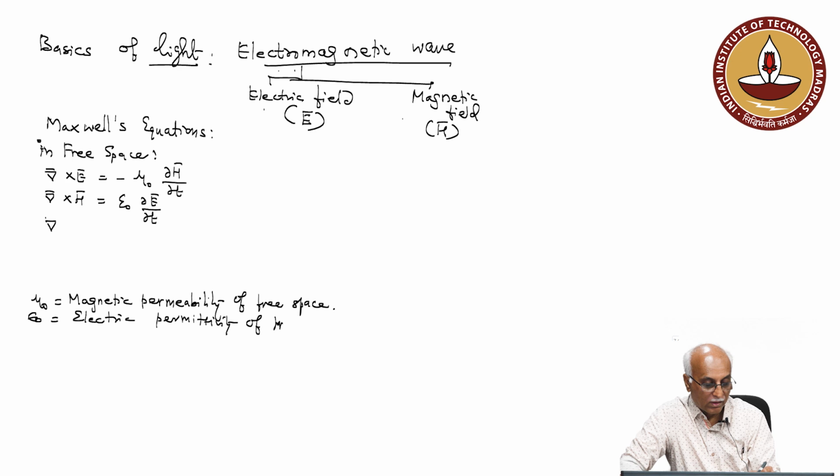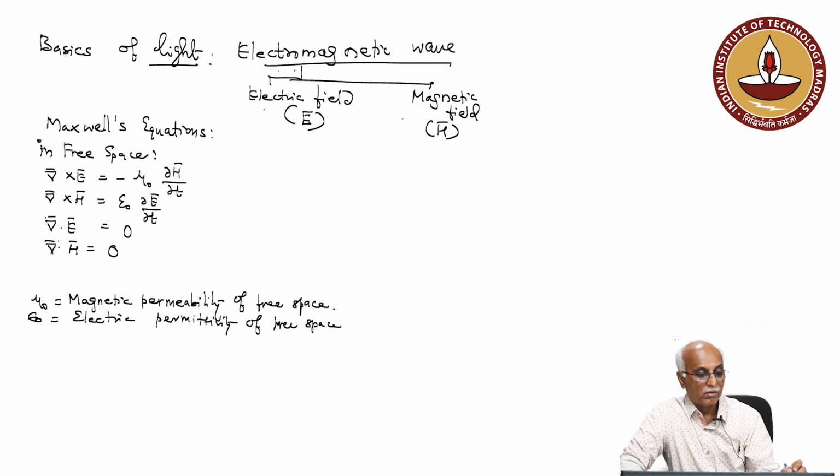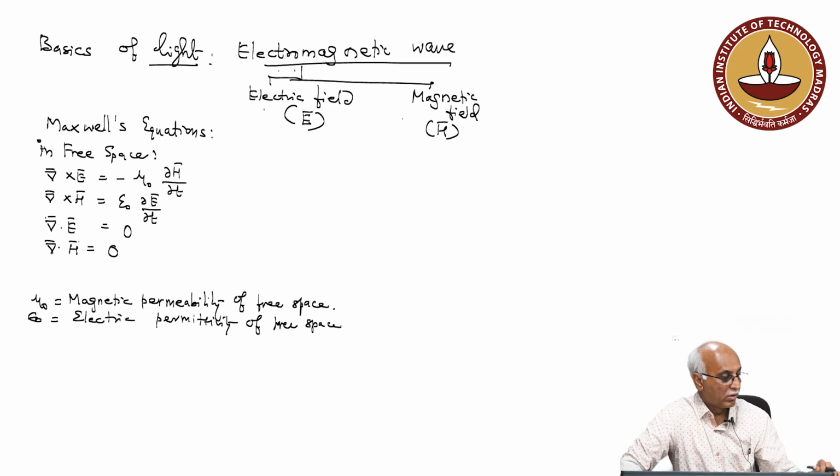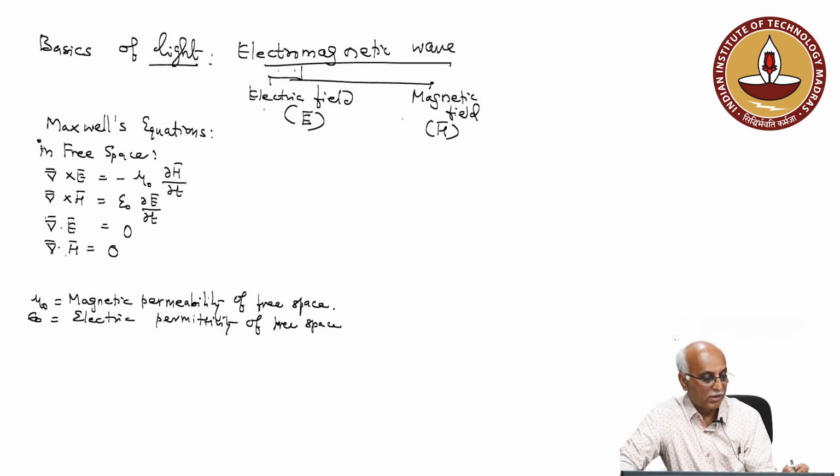Then del dot E bar is 0 in free space, and del dot H bar is also 0, since a monopole is not possible; it will always be in dipole characteristics. So this is the way that it is expressed.